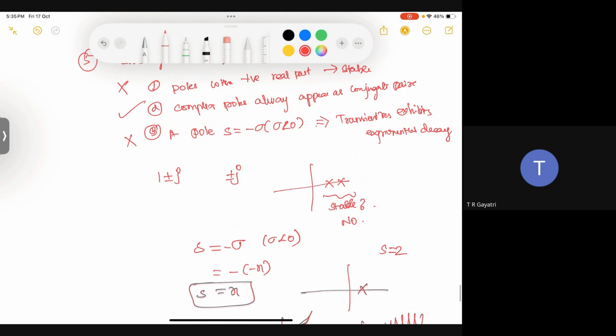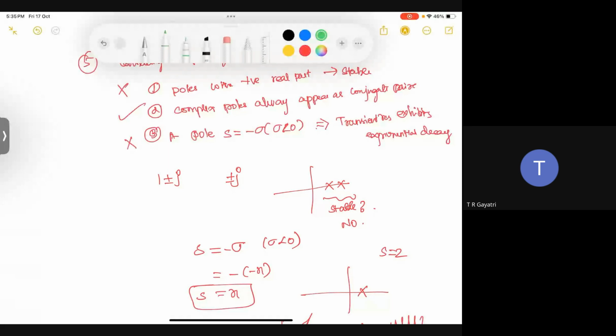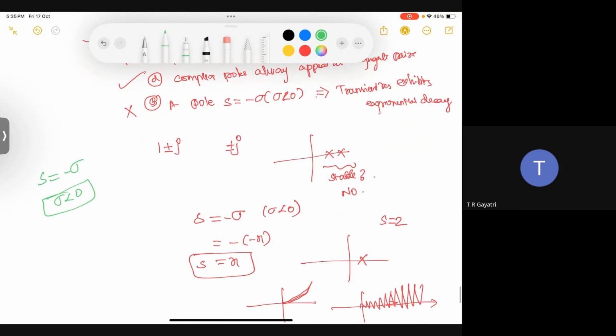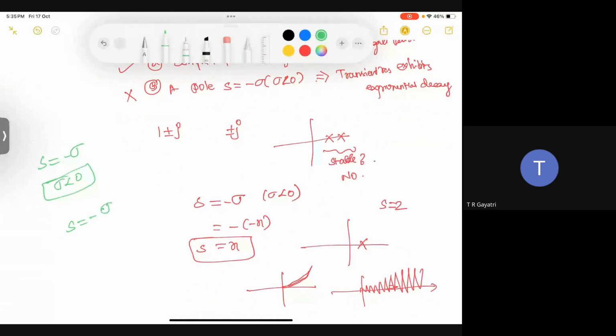But here in the key, there is a mistake. We considered this as S equal to minus sigma, where sigma less than 0. But actually what it meant is S equal to minus sigma, where the sigma value is negative.